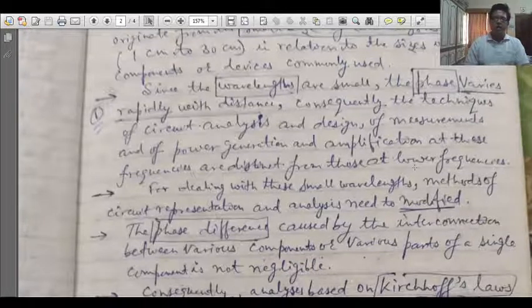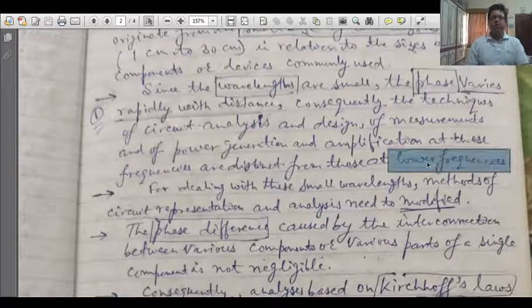Because wavelengths are small and frequencies are higher, their circuit analysis, design, and power generation and amplification are different from lower frequency.